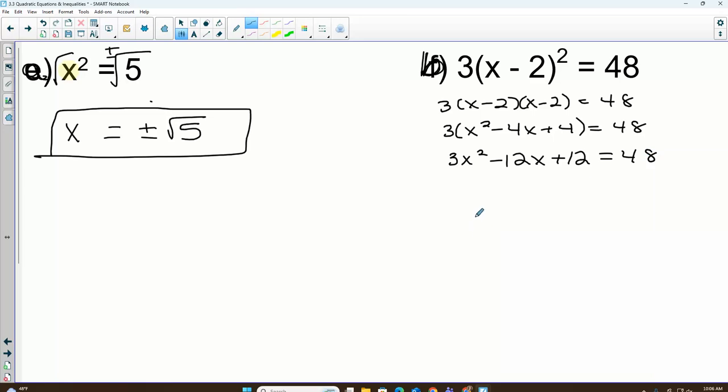Now what? Okay. These all have a greatest common factor of 3, so you can either factor out the 3, or since it doesn't have a variable in it, you could divide both sides by 3.